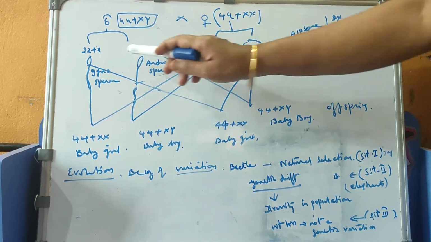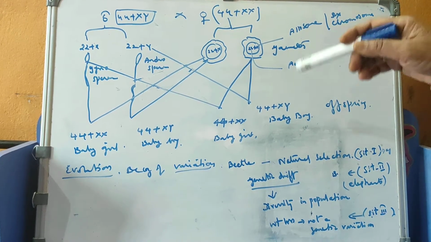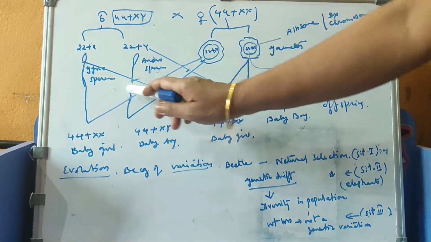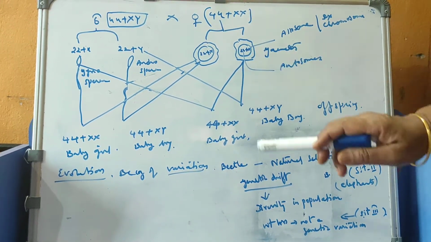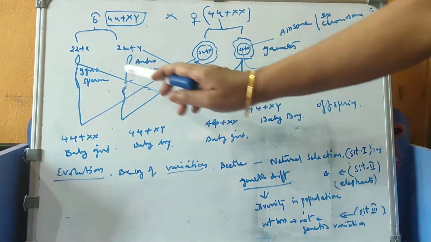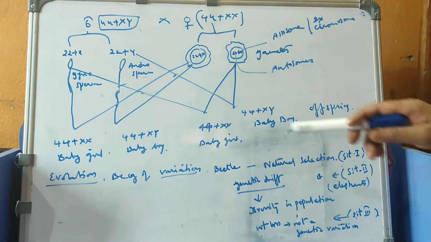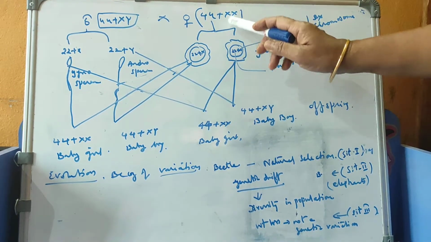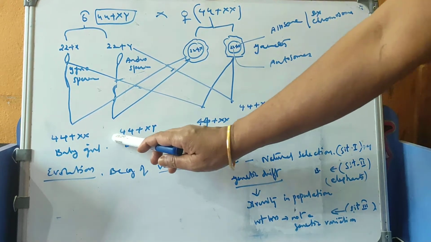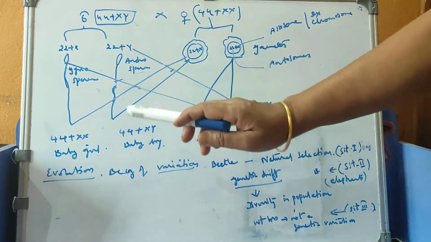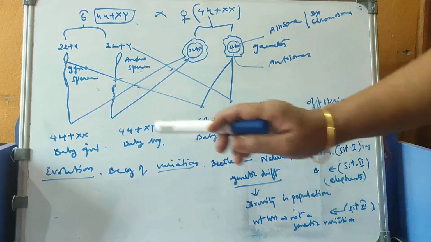Then after further fusion, this is the ratio of getting the offspring. Here you see gynosperm fused with one more gynosperm in fact, because here X and here also X, that's why this is baby girl. And here androsperm is crossed with one more gynosperm. So 44 plus XY, because here only Y is there, so this Y is fused with this X of mother, that's why baby boy is produced here.